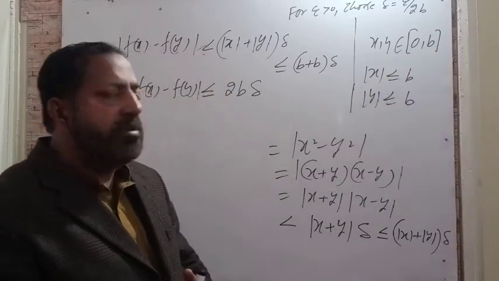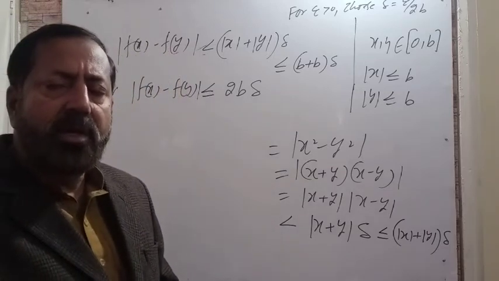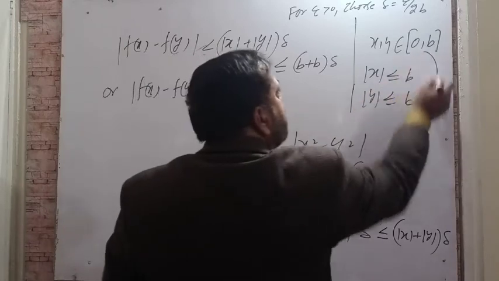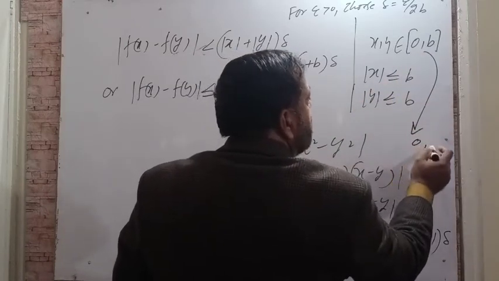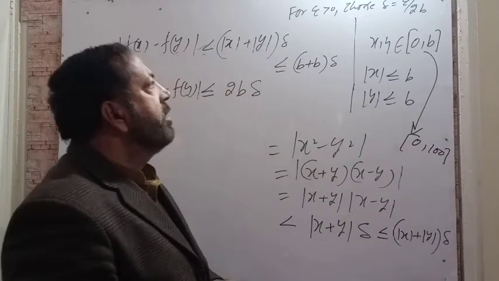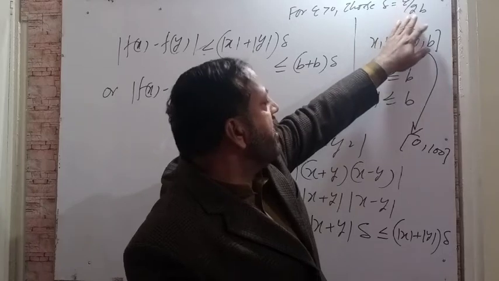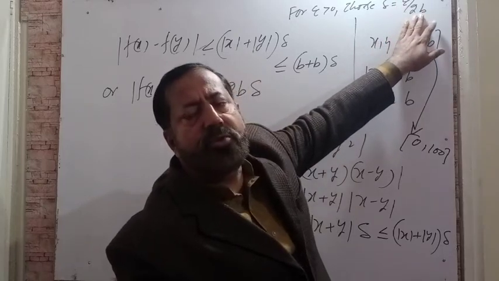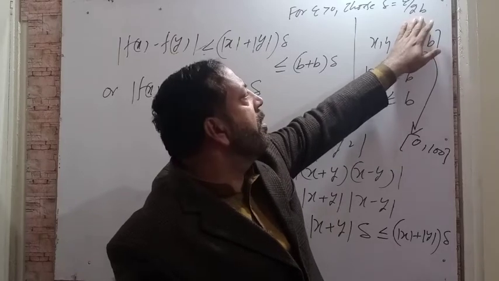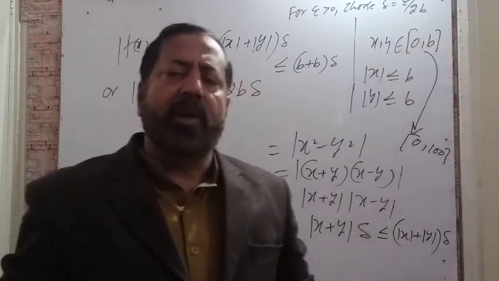It could be 0 to 10, 0 to 20, 0 to 100, whatever you are choosing. If b is 100, then you choose delta equal to epsilon by 200, since this is 2b.